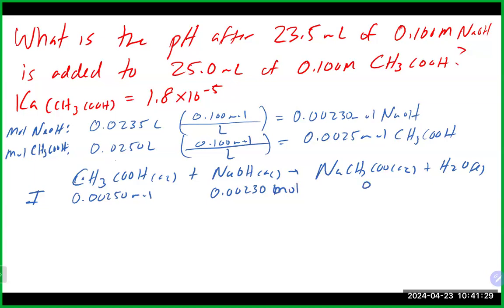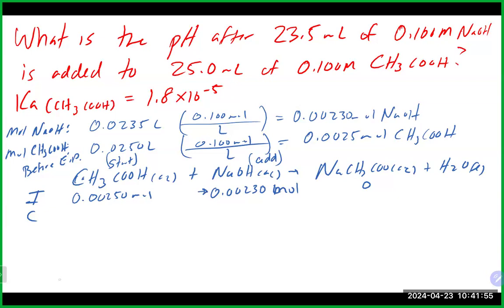So again, we're starting with this guy. We are adding our sodium hydroxide. Am I before, am I at, or am I after the equivalence point? I am before. Again, what I'm adding is fewer moles than what I started with, so I'm actually before the equivalence point. That means that what I'm adding should be the change here.